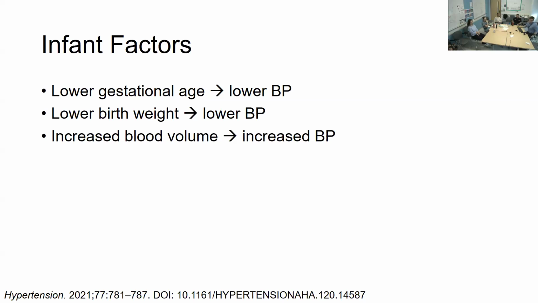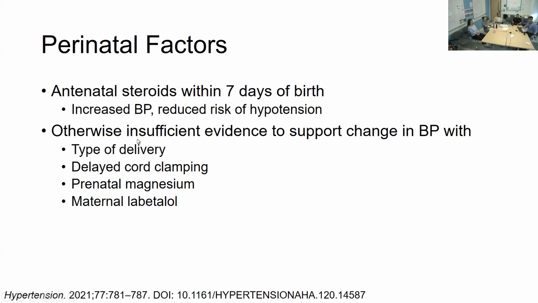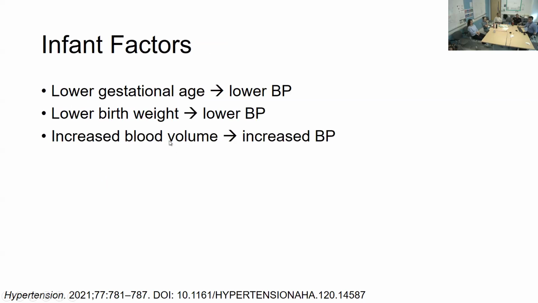Same, I think, in terms of increased blood volume. I know we said that delayed cord clamping didn't really seem to affect blood pressure. I think the blood volume is probably just more reflective of the baby's size. Smaller babies will have smaller blood volume, bigger babies will have a bigger blood volume. That's how I interpret that finding.